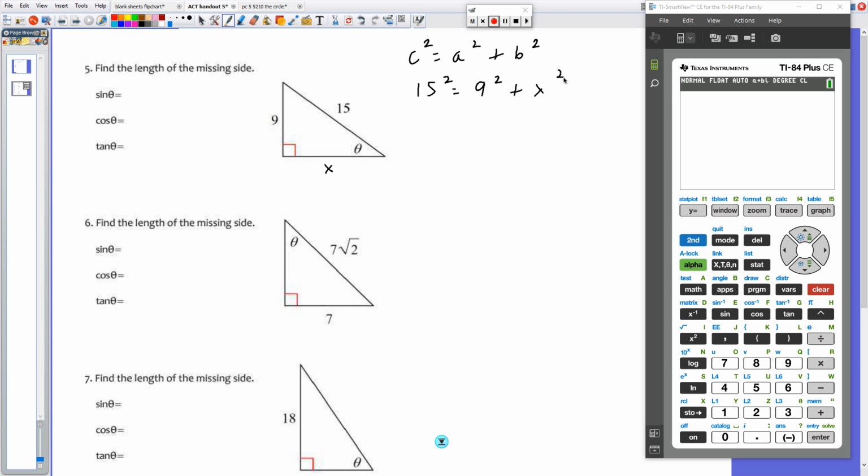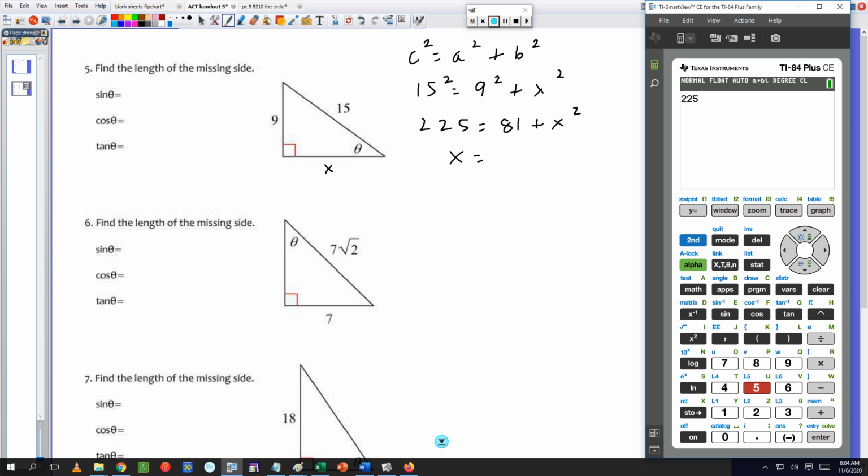15 squared is 225. 9 squared is 81. I'm going to subtract the 81, and then I'm going to do a square root of that. So 225, take away 81, and then I will do the square root of that, and we all know that that's going to be 12.